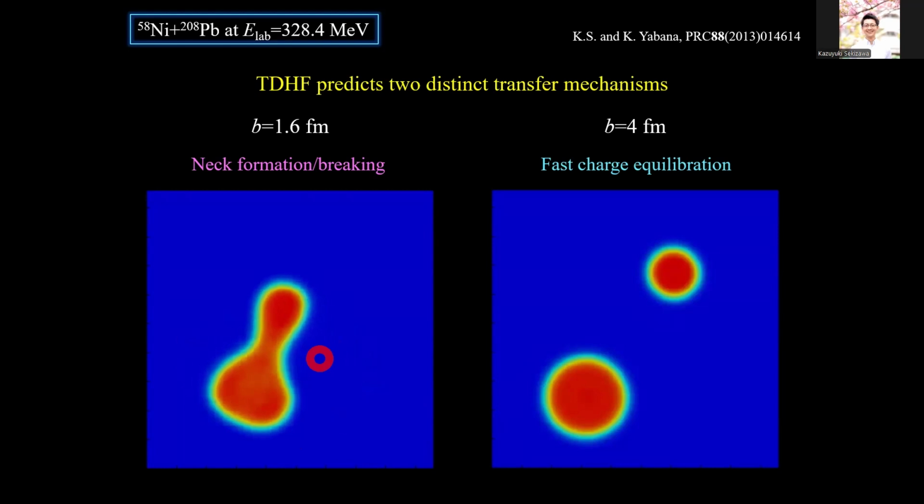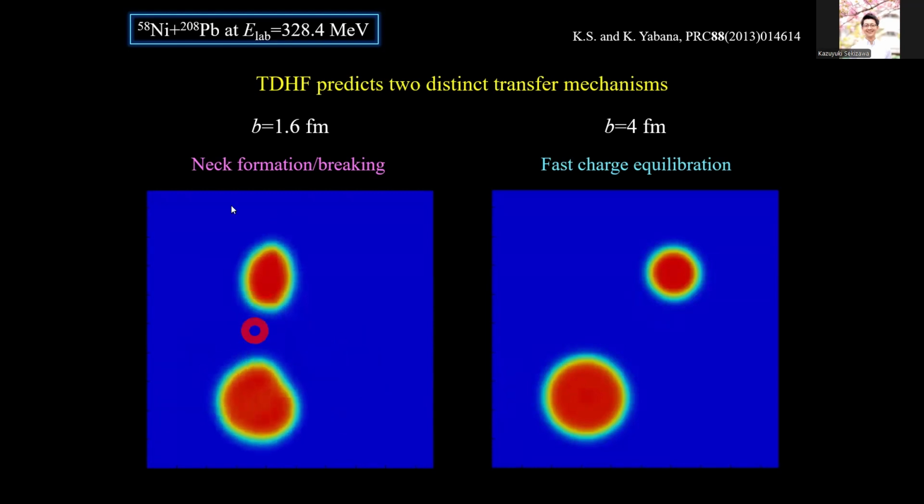Because of the Coulomb repulsion, eventually the system splits into two, and some reaction products are produced. This kind of complex reaction dynamics can be described without any adjustable parameters within TDHF or TDFT.